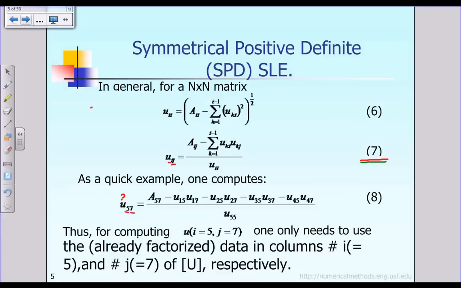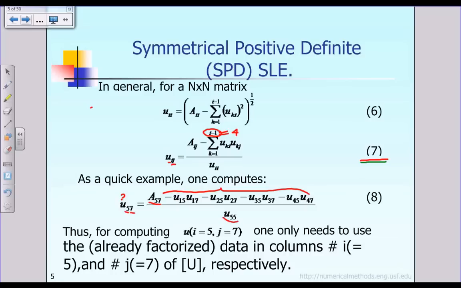So if i equals 5, the summation upper limit i minus 1 will be equal to 4. Directly applying equation 7, you will see U57 equals A57 minus the summation of the product shown in equation 7, and then divide by U55.